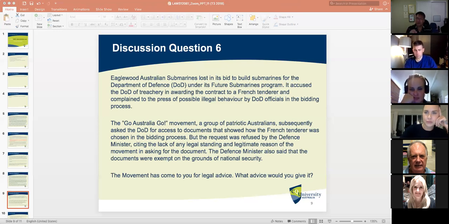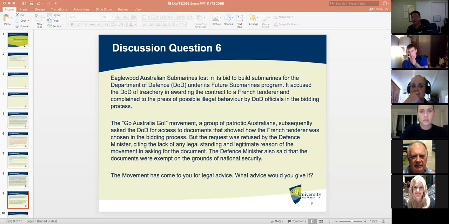But in relation to the legal issue that the documents do not have to be released to the movement because of grounds of national security, how cogent and strong is that reason? That's really my question. And then we go back to that issue about contracts and Section 47. So the point here is, I think Keith made the point that the onus of proof would always be on the minister. The minister has the burden of proving that he has a legitimate ground for denying the request for a public document under the Freedom of Information Act.